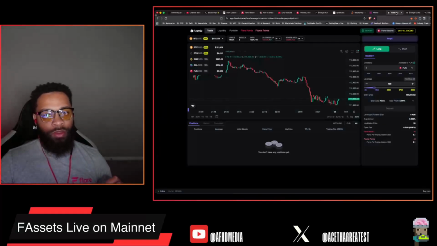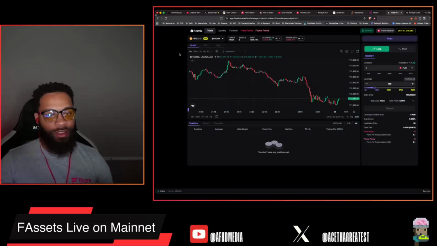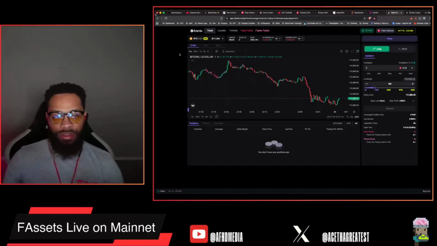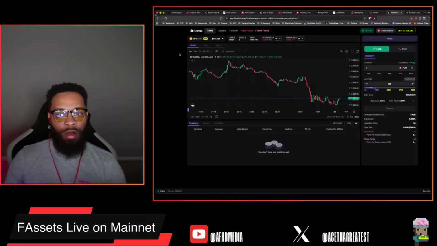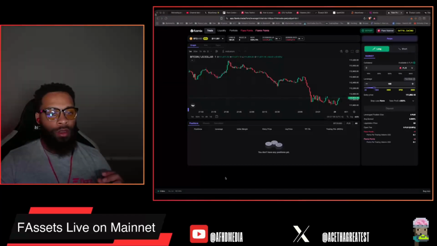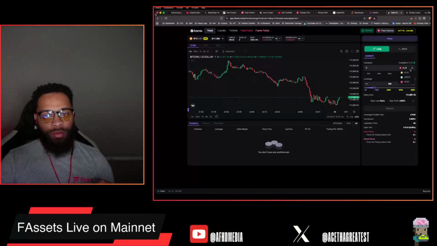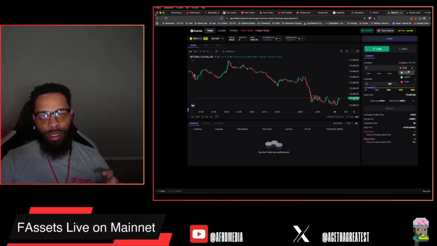Okay, moving on. For my traders out there, we have FlameX. It is a decentralized perps exchange on the Flare network that will allow you to use your FXRP as collateral and open up perps positions. So right now, collateral types are Flare, sFlare, USDT0, and FXRP.